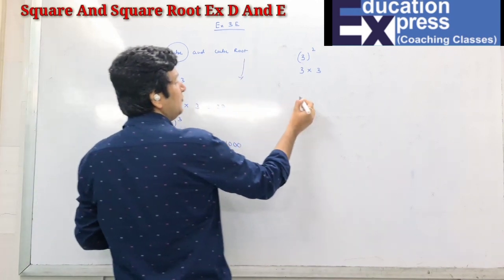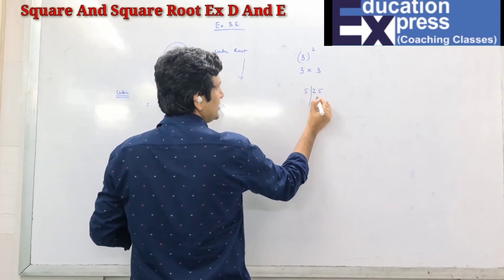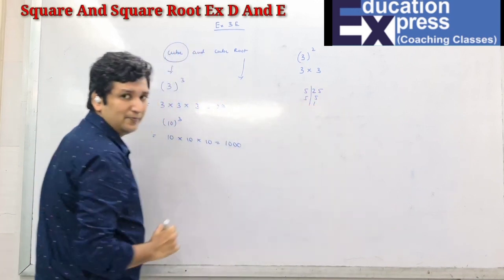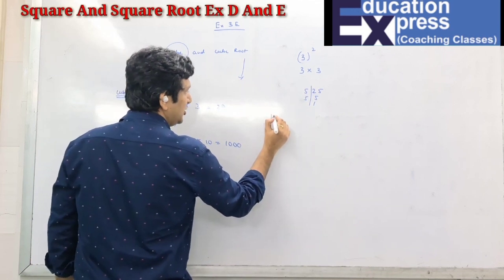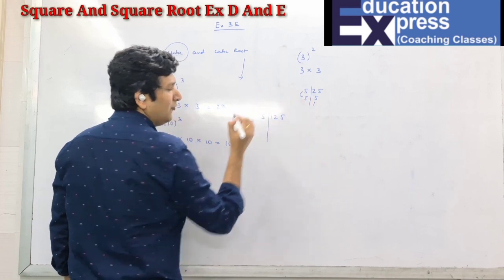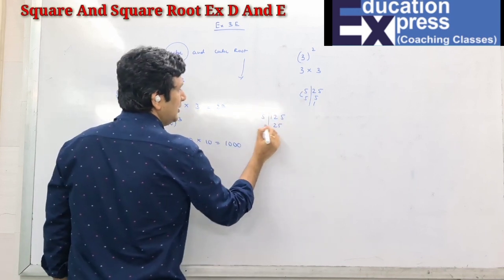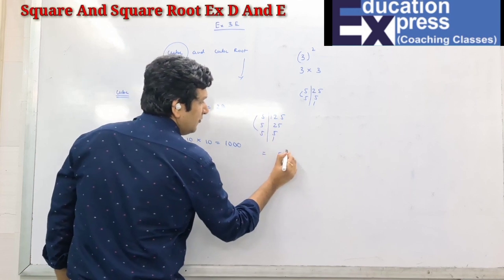Now, how have we found the square root? For example, if I want to find the square root of 25, it's 5, 5 fives are 25. Similarly, for cubes, in case they ask me to find the cube root of 125, here we used to make the pair of 2, here we have to make the pair of 3. Hence, 5 cube.